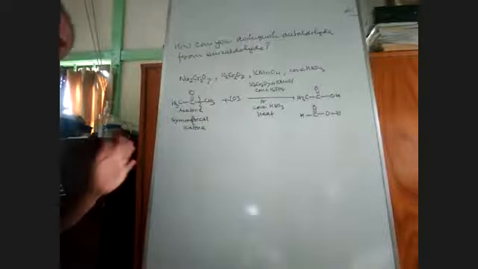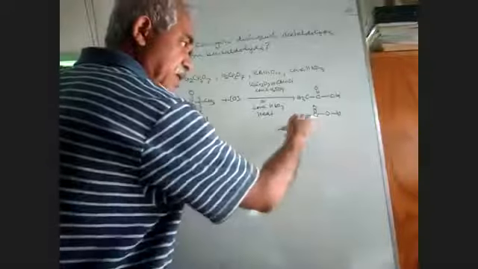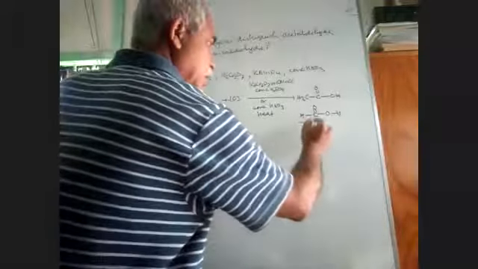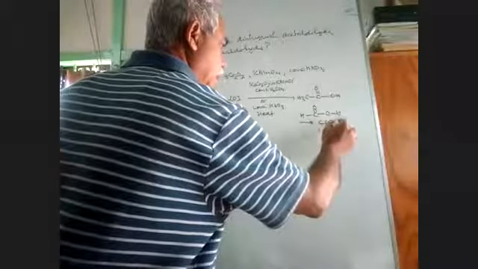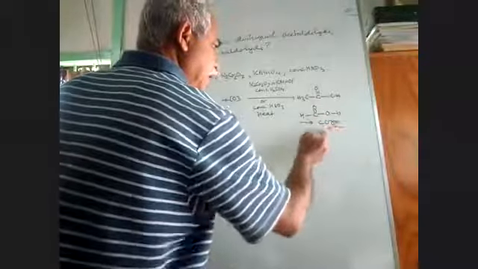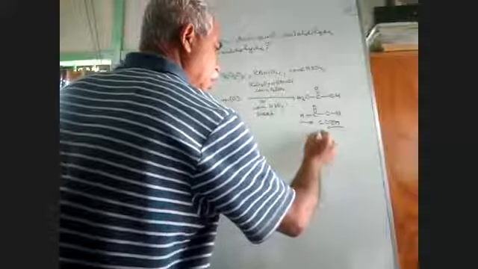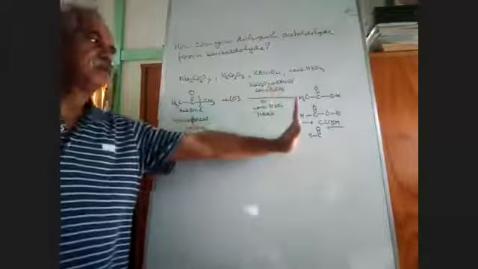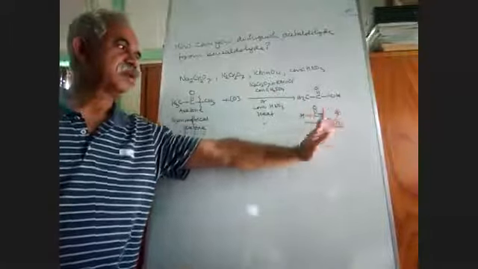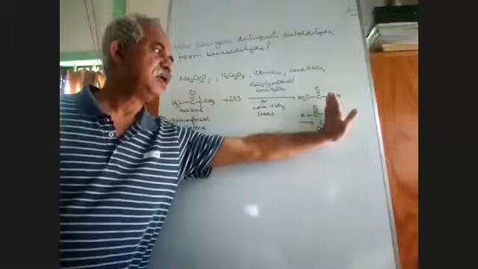See, a carboxylic acid you cannot oxidize further. But look at this molecule. If I look from this side, what is the functional group? COH. So it has an aldehyde unit. This is very important to remember. From this side I see carboxylic acid, from this side it has an aldehyde.